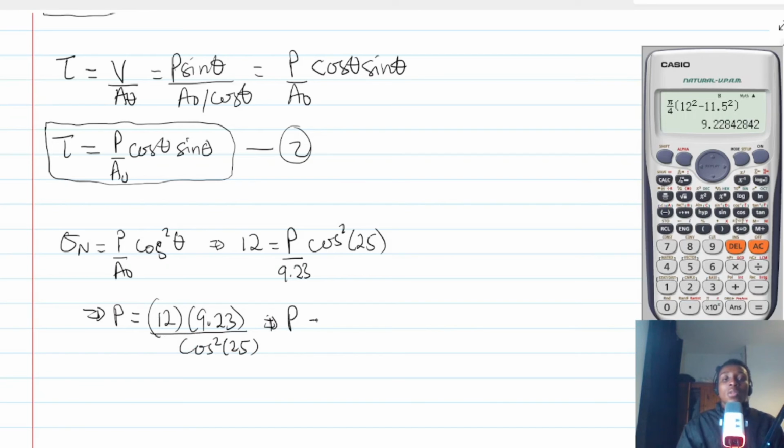Therefore, P based on the normal stress will be 12 multiplied by 9.23 divided by cosine 25 squared. 134.84 KIP.